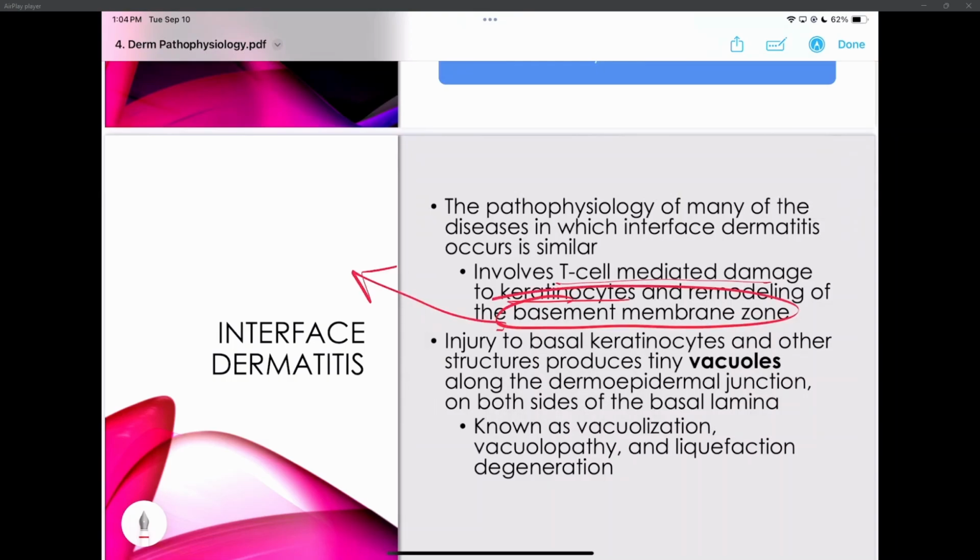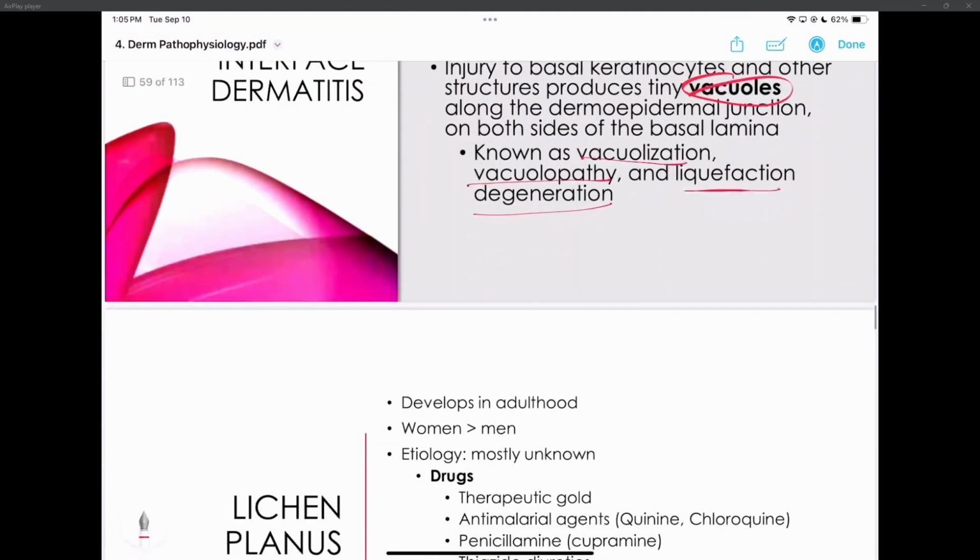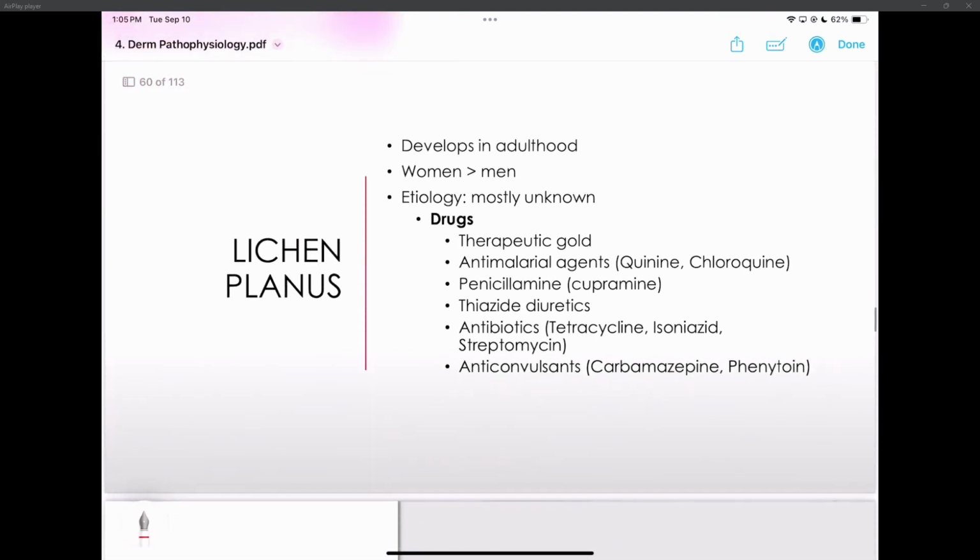Remember, that basement membrane is the layer that separates the epidermis from the dermis. When you injure these basal keratinocytes, they produce tiny vacuoles along that junction, also known as vacuolization, vacuolopathy, and liquefaction degeneration. They all mean the same thing. You're destroying tissue and it leaves a hole in there. We'll get to this in a second.